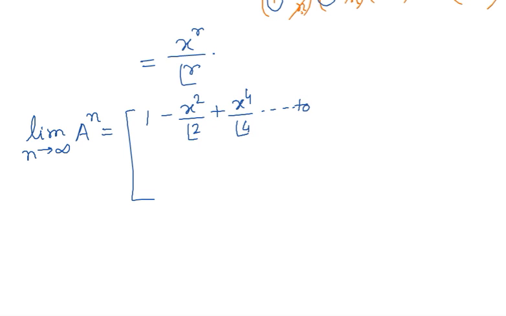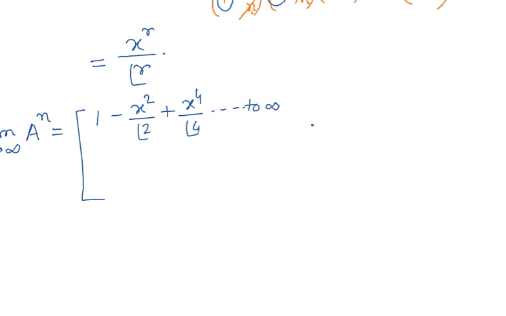In this way it will continue to infinity. Then the next one will be x to the power 1 by factorial 1 minus x cube by factorial 3 plus x5 by factorial 5, in this way to infinity.